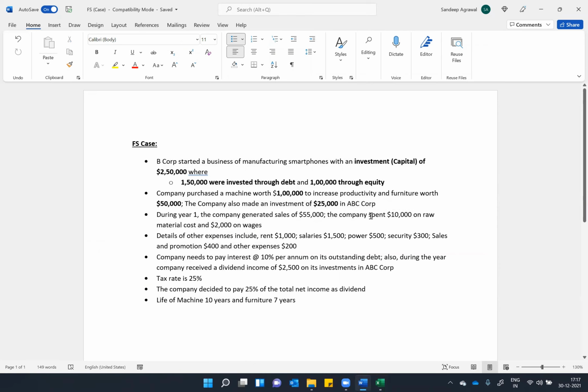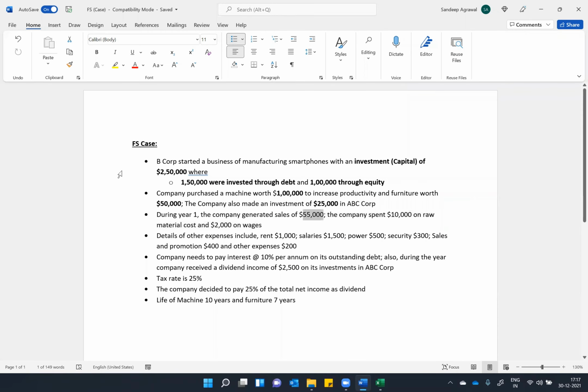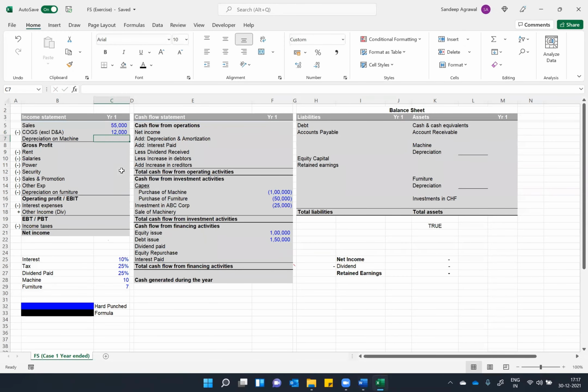As I told you during the income statement discussion, all the raw material cost and wages is a direct cost of building a product, and we have sold a product at 55,000. So the direct cost of building a product is 10,000 plus 2,000 of wages. So 12,000 you do have as cost of goods sold.